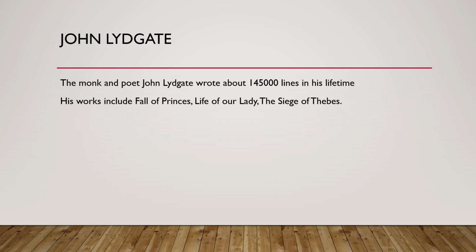In Chaucer's Monk's Tale, there is a brief catalogue of the vicissitudes of fortunes which offer a hint of what Lydgate was supposed to write in Fall of Princes. Another work of repute is Life of Our Lady, which contains 5,932 lines.